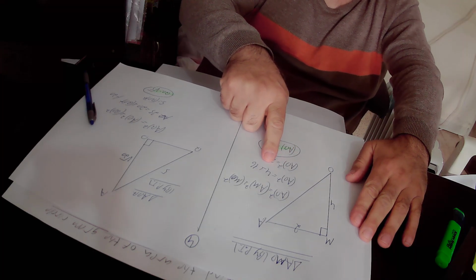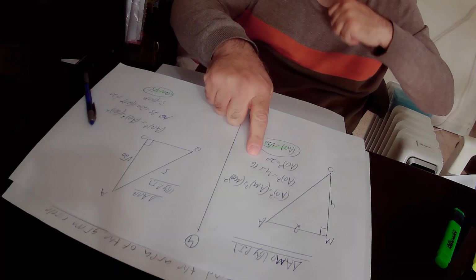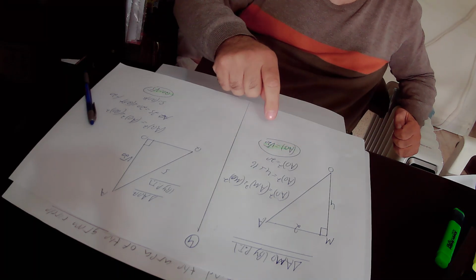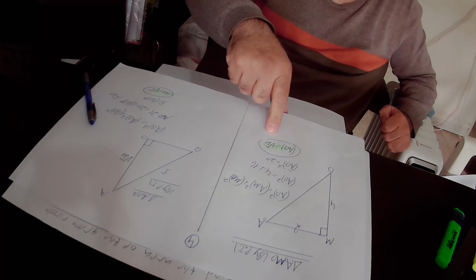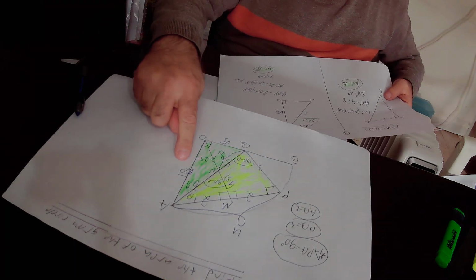AM is 2, therefore AM square is 2 squared, that is 4, plus MO square. MO is 4, therefore MO square is 4 squared, that is 16. So AO square equals 4 plus 16, that is 20. We took the root out of this equation and finally found out that AO equals the square root of 20 units.